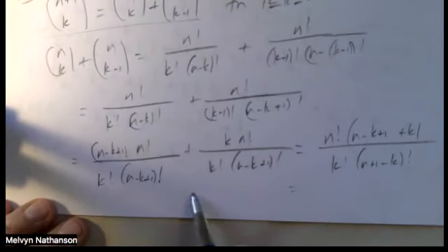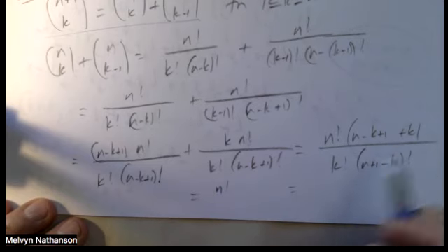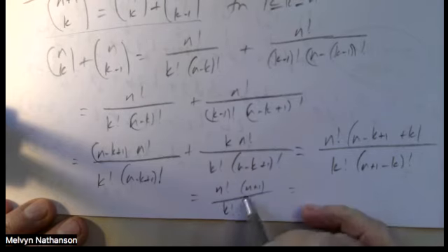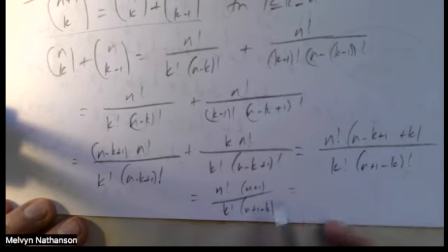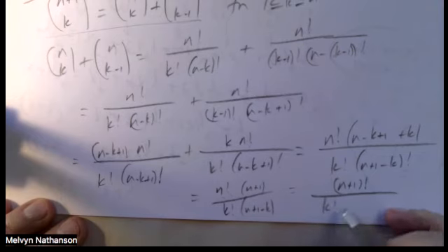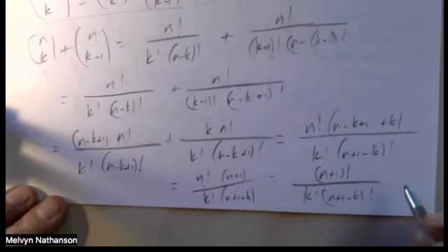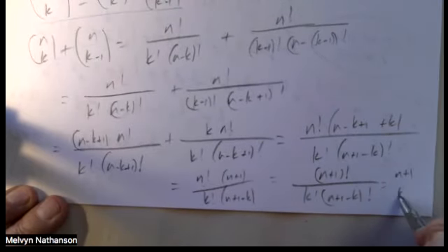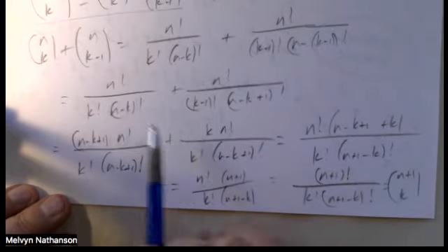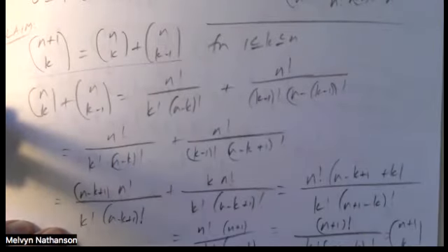So this is n factorial times n plus 1 over k factorial n plus 1 minus k factorial, which is n plus 1 factorial over k factorial n plus 1 minus k factorial. And that's exactly n plus 1 choose k. So I proved this identity.